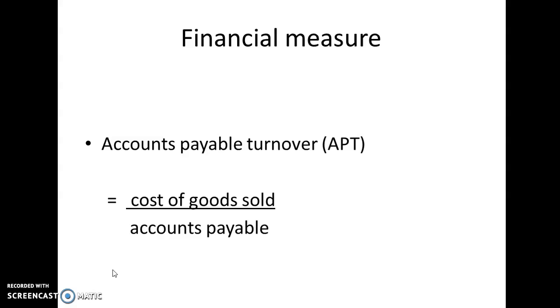But if the ratio is low, it means that there is considerable time between the purchase of goods and services and the payment. If the accounts payable turnover is low, it means that the company can use that money for its own business for a short period. The formula is cost of goods sold divided by accounts payable.